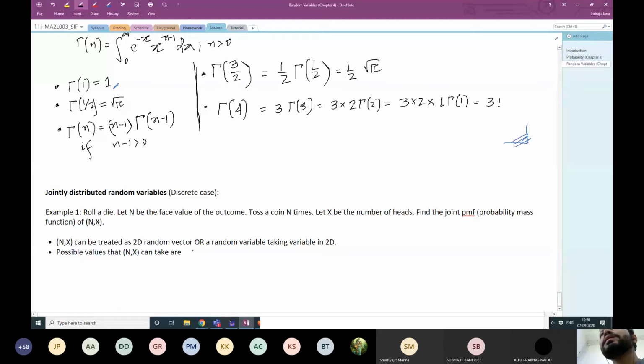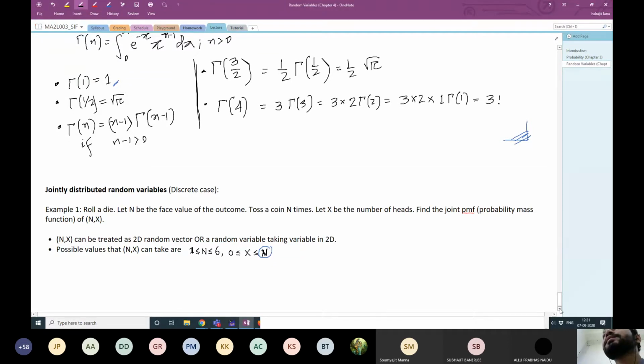So 1 less than or equal to n, less than or equal to 6. Once you get the value of n, the number of heads can be at least 0, so no heads. So x is greater than or equal to 0, and at most it is equal to n. So this is a very important step here. Number of heads can be at most n. Right? If you toss a coin n many times, where n is itself a random number, you can get at most n many heads. If I try to draw a picture of this, it's going to be a very interesting looking picture. So let me draw this.